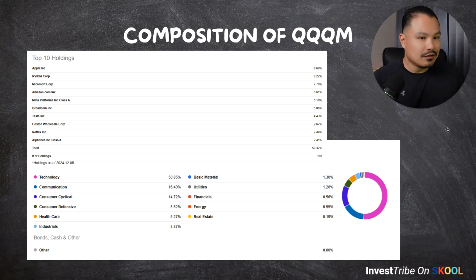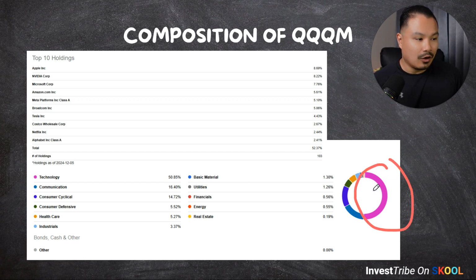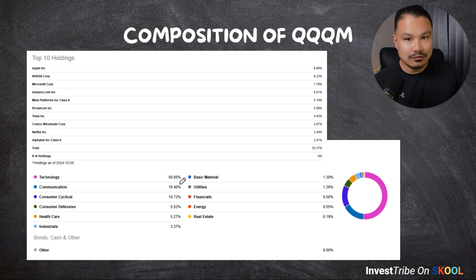So that's this ETF at a high level and the metrics that we want to look at. So what are the holdings? The holdings are almost identical to QQQ. Again, this is a very tech-heavy ETF, and we can see that right here: almost 51% is dedicated straight to technology stocks.